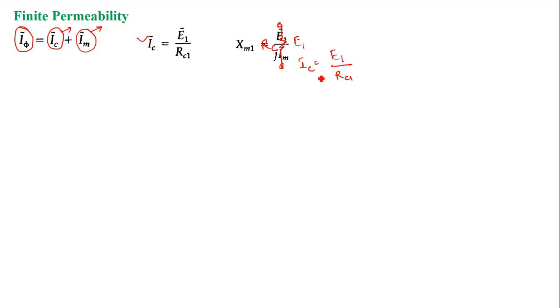Similarly, the component which is providing the magnetic flux will be completely inductive because it is providing the flux. So I can write Im will be equal to E1 by j xm1. So from this equation we can write xm1 will be equal to E1 by j Im.